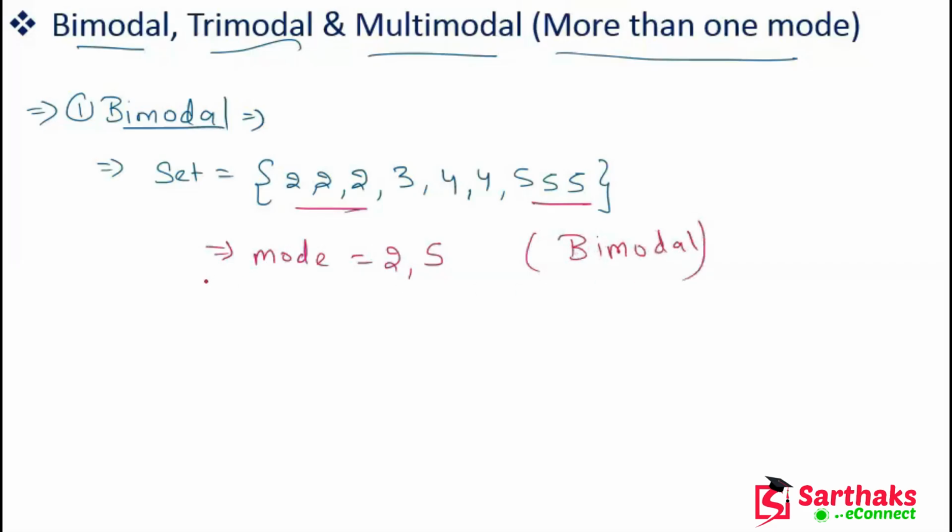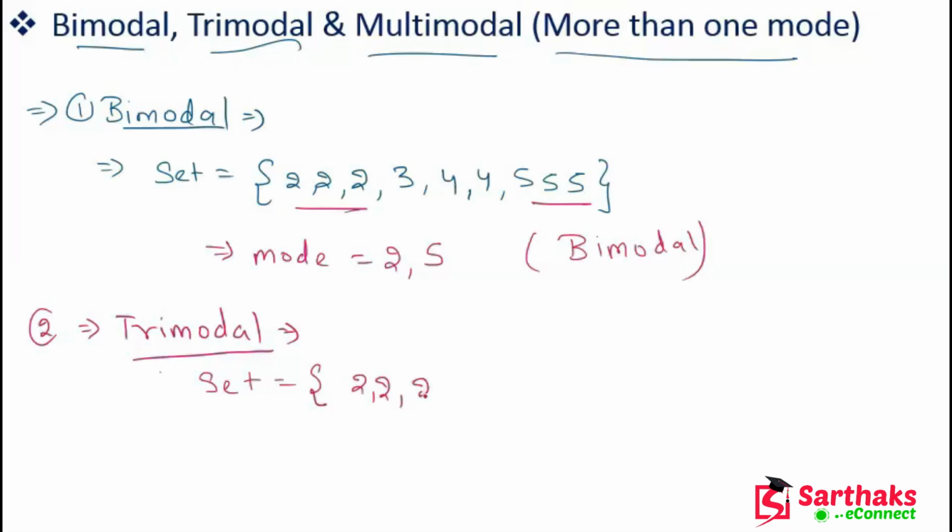Now, what is trimodal? Similarly, when there are 3 modes in a data set, the set is called trimodal. Let's suppose we have the set 2, 2, 2, 3, 4, 4, 5, 5, 5, 7, 8, 8, 8.